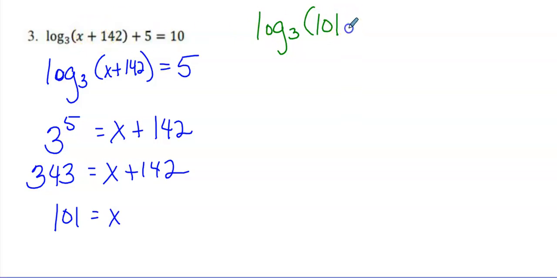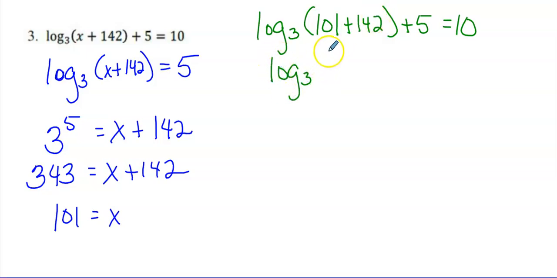Plug in for x. So let's see, that is 243. You could subtract the 5, you don't have to though. You can just do this part with the change of base and then add the 5 to that.